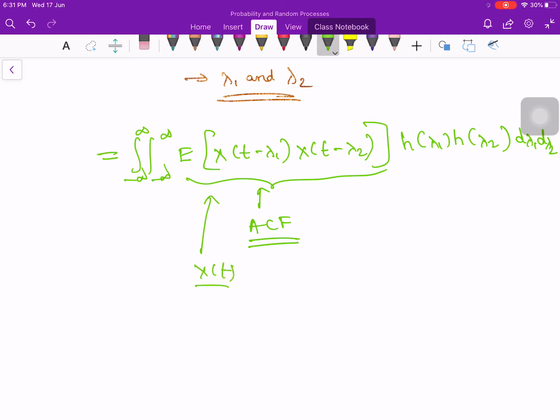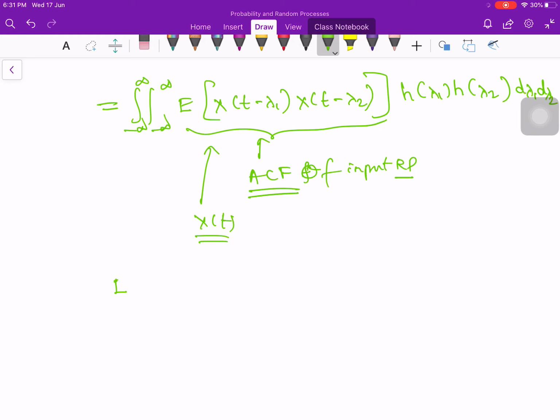That is, the expected value of x of t minus lambda 1 times x of t minus lambda 2 is equal to the autocorrelation function Rxx of t minus lambda 1, t minus lambda 2.